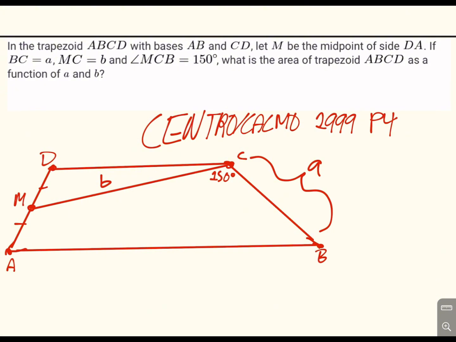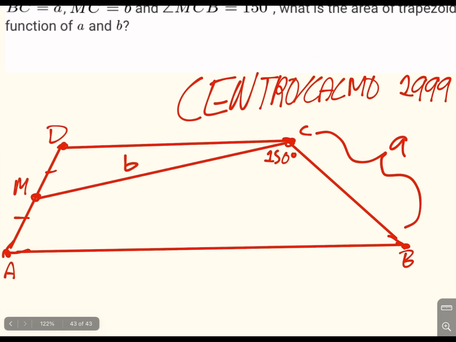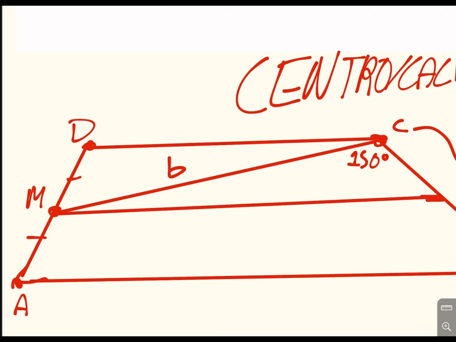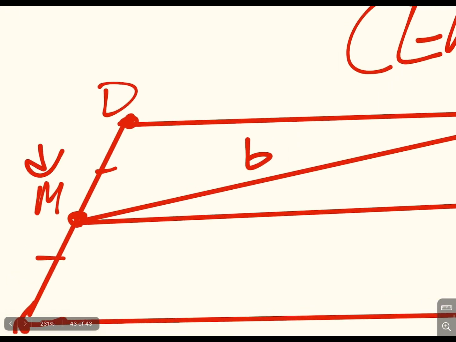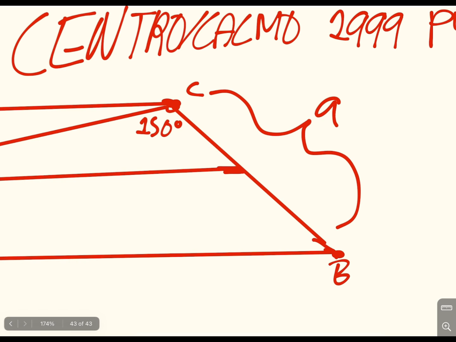First things first, let's draw a midline of the trapezoid, and what I mean by that is a line that connects the two legs of the trapezoid, in this case ABCD, the two legs AD and BC. So M is the midpoint of AD, and we're going to get the midpoint of BC.